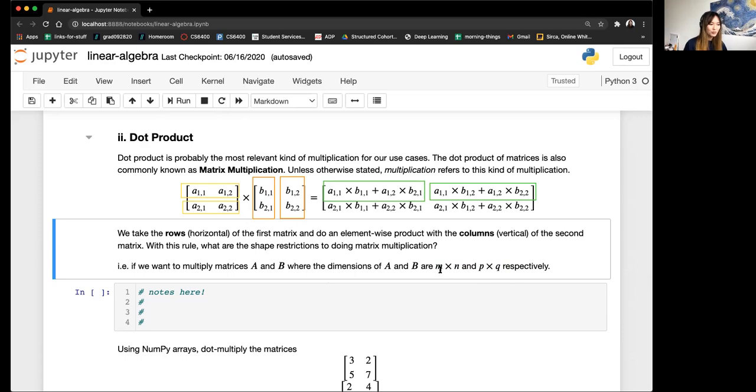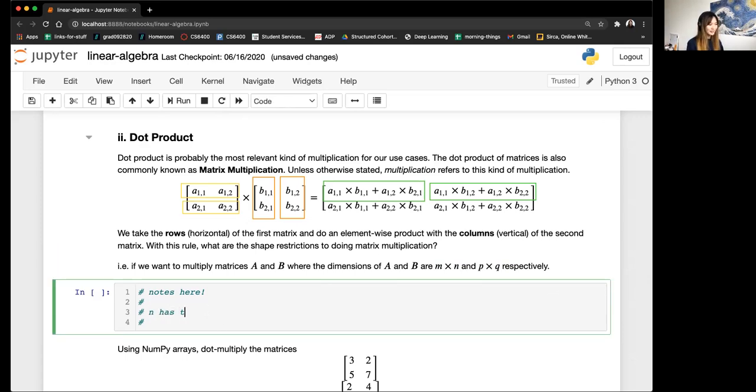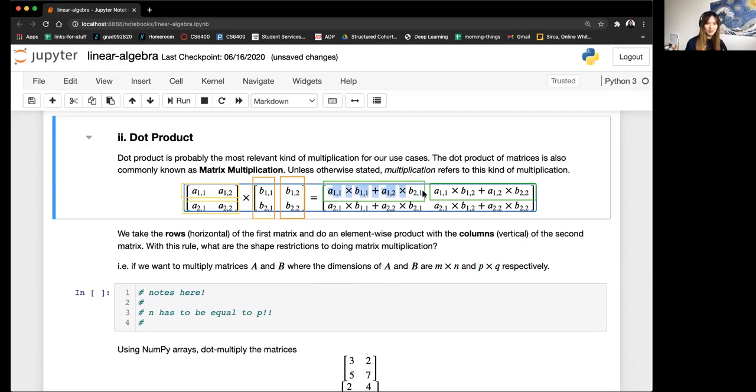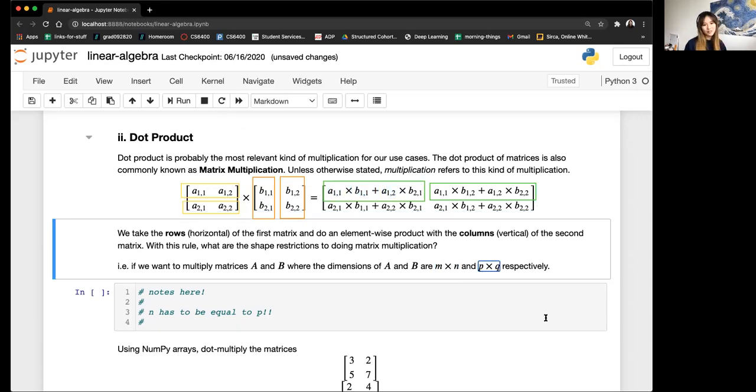So basically, no matter what m and p and q are, n has to be equal to p. If that doesn't match up, then you wouldn't be able to line these elements up together to multiply them together. So I have been asked about the shape restrictions. Basically, m and q can be any number, but n and p have to match in order for matrices to be multiplied.